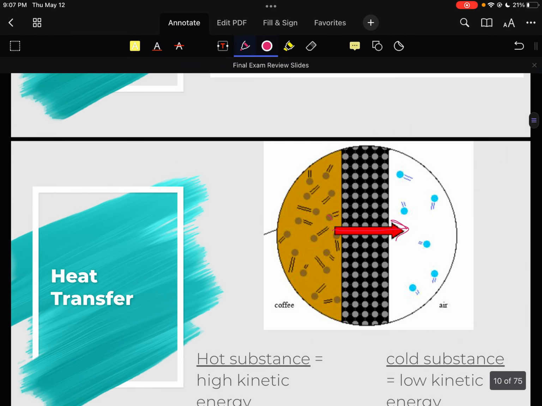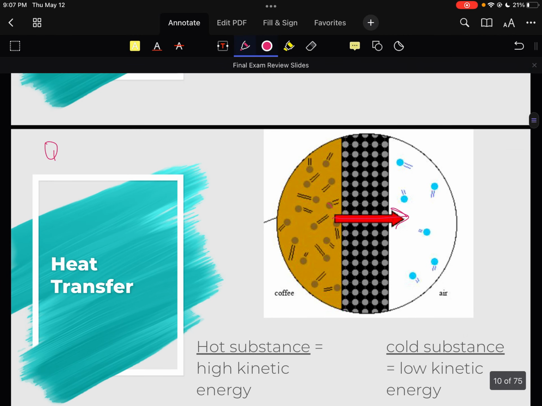Let me add one more thing here. This formula is the one we use when we talk about heat transfer. So Q is the energy, M is the mass, C is the specific heat. That's something that will always be given to you usually. Sometimes you'll have to calculate it, but if you can just remember C, specific.